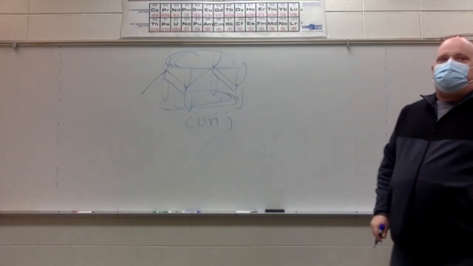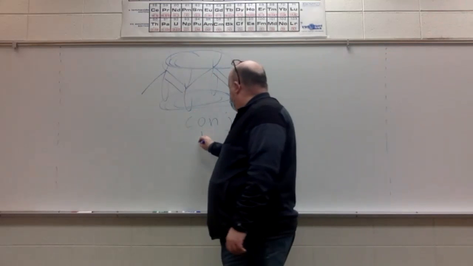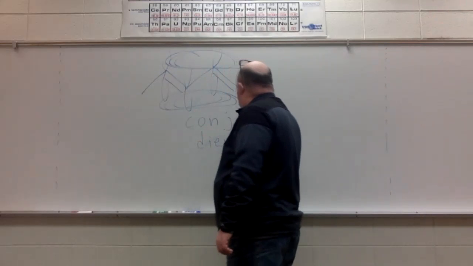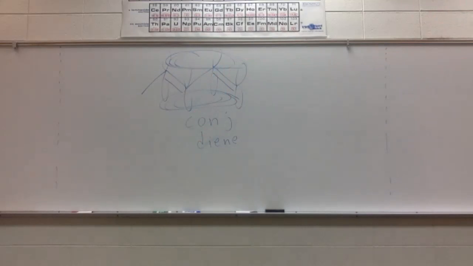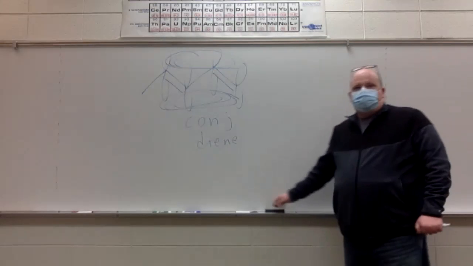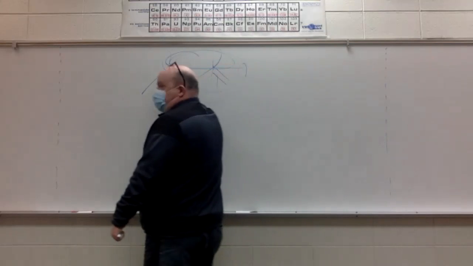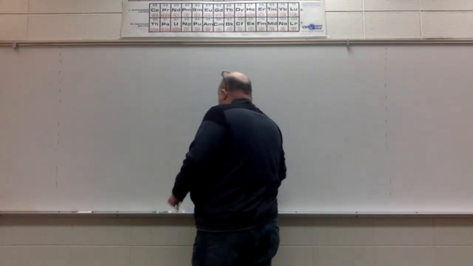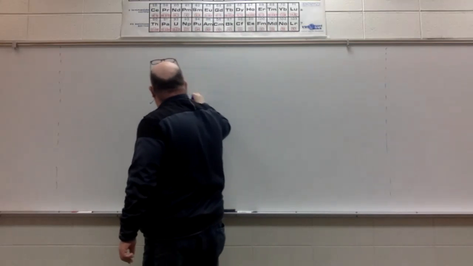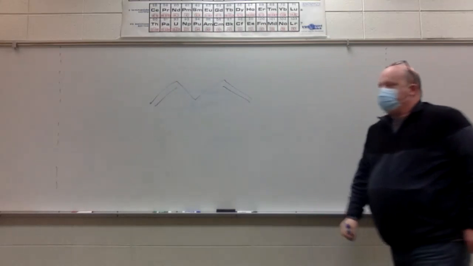It's not the only type you can have. This is just one. This is a conjugated diene. Now, just because you have a diene doesn't mean it's automatically going to be conjugated. Let's say you had that.